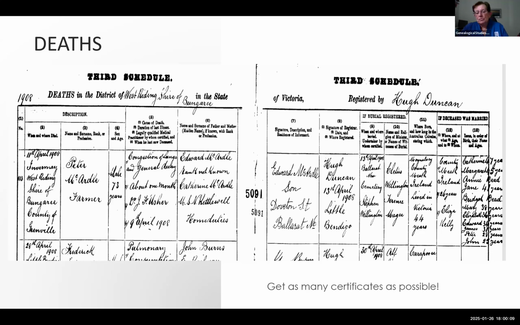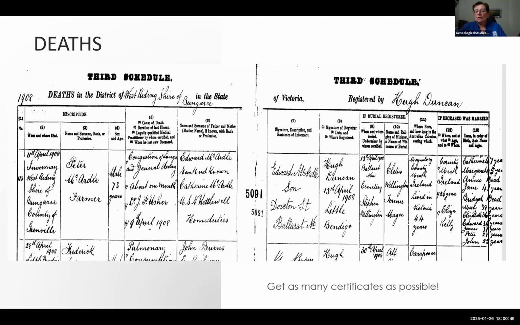We've also got the burial details, so you can go and look for the gravestone to see if there's any information on that gravestone. We've got the minister and the witnesses of the burial. And then we've got Peter McArdle, the deceased, details of where he was born and how long in Australia.